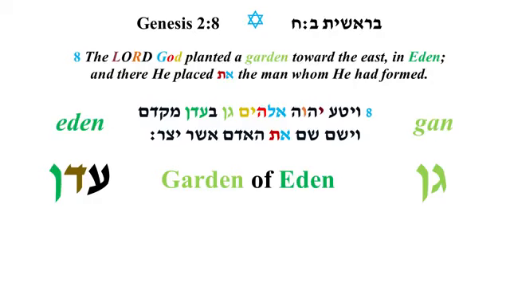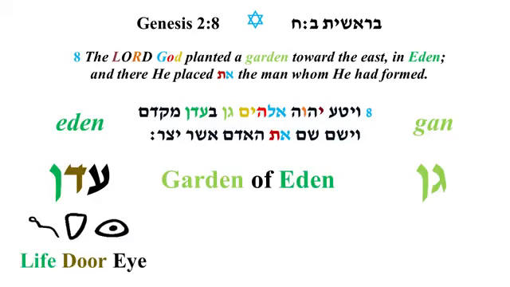If you jump to chapter 2 in Genesis, verse 8, it says, Yahweh Elohim planted a garden toward the east in Eden, and there he placed Aleph Tav, the man whom he had formed. The word for garden is gan, and it's the gan Eden. And Eden is ayin dalet nun.